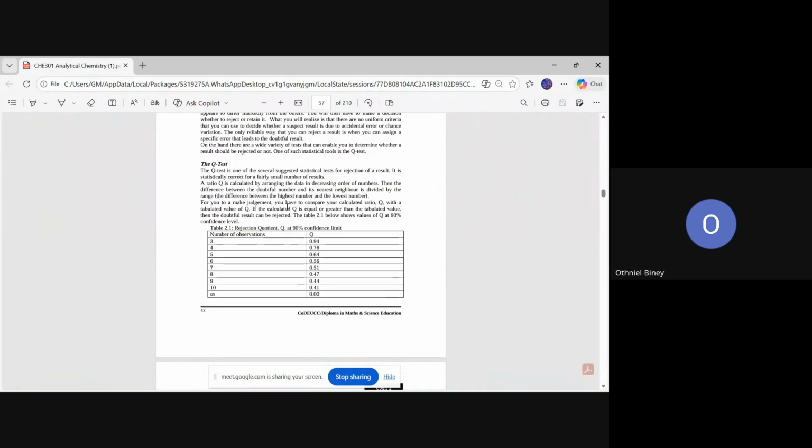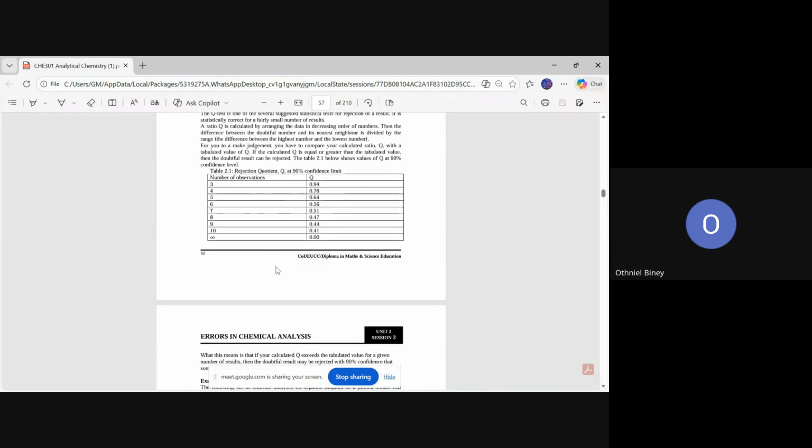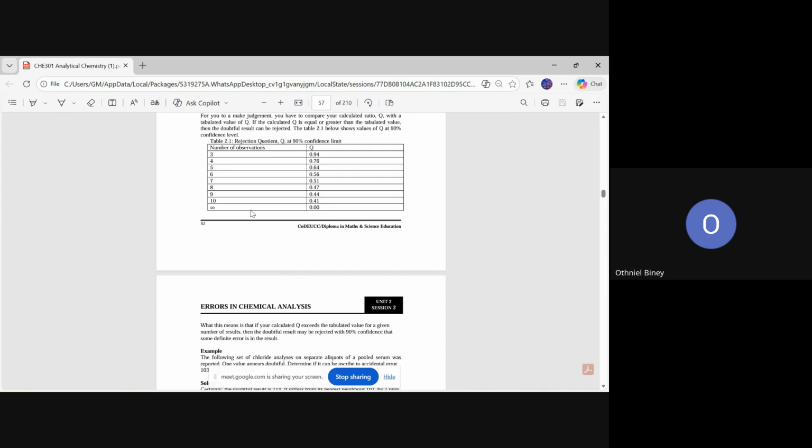So the Q test will just help us know whether a particular value that we obtained in an experiment should be accepted or not. Let's get into the example.